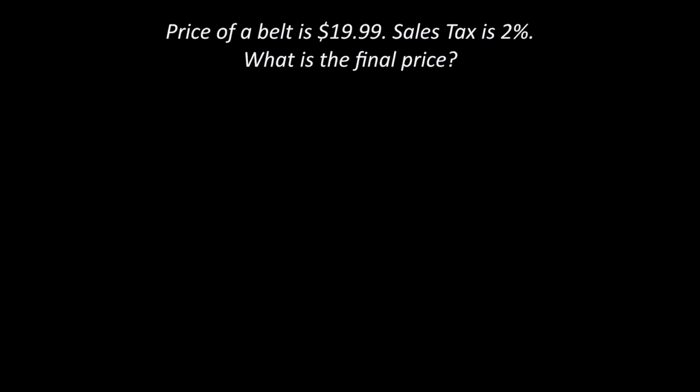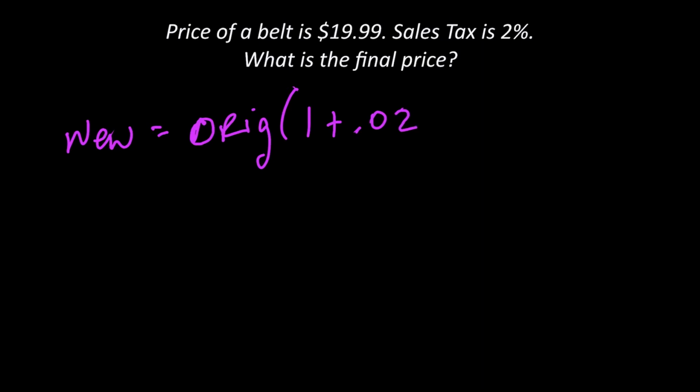Here we have a belt. $19.99 original price. We're dealing with a tax. Therefore, we're going to use the version where the new price is going to be the original times 1 plus the decimal version of the percent that we're dealing with.